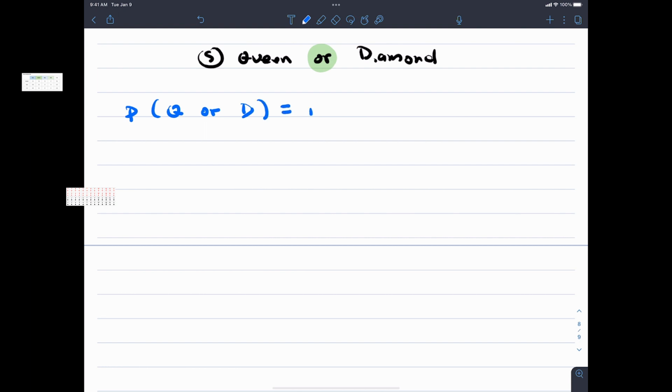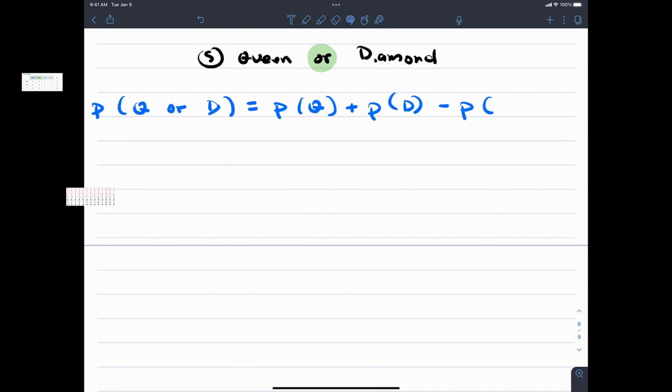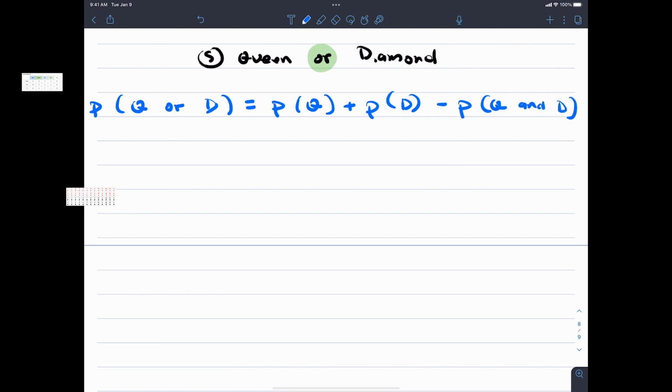What does that equal? Probability selecting a queen plus probability selecting a diamond, minus the probability selecting both a queen and a diamond. So I write it down. I write all this stuff down because I want to remember it when the time comes.